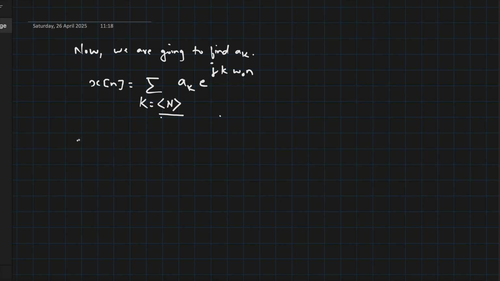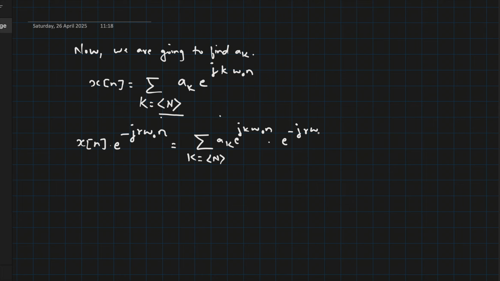Then we multiply both sides by e to the minus j r omega naught n.